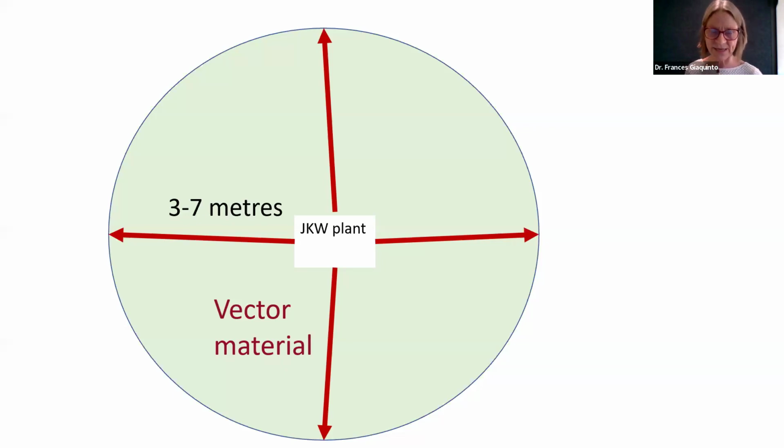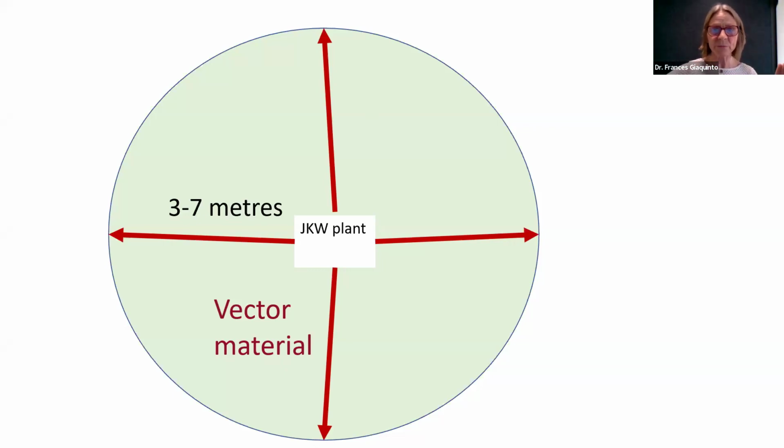I've never seen it extend 7 meters, but I have seen it extend 5 meters, in very mature plants that have been there for a long time. So what you see above ground is actually only a fraction of what is occurring below ground.